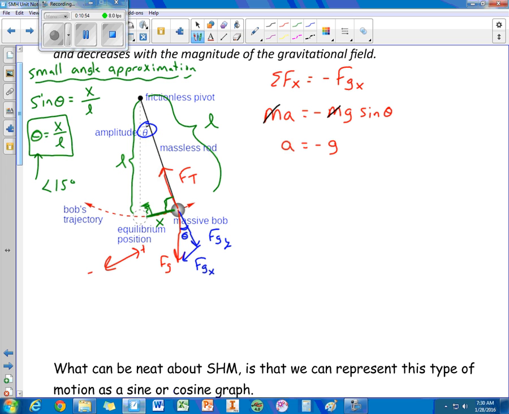Now, using the small angle approximation, instead of sine theta, I can just have theta. And again, that's only true for angles less than 15 degrees. All right, and then I can do some more substitutions.